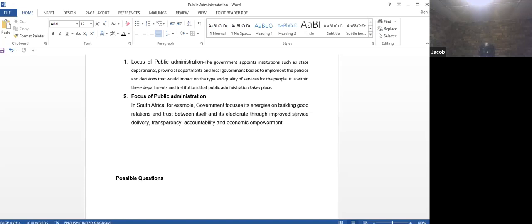Then the focus of public administration means what the responsibility of public administration is. Why was it formed here in South Africa? Why is it needed?